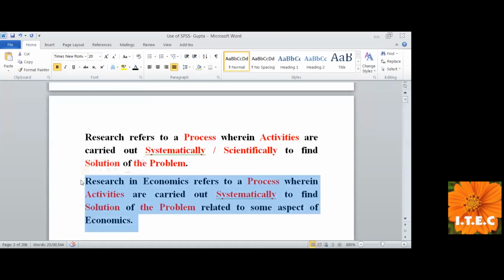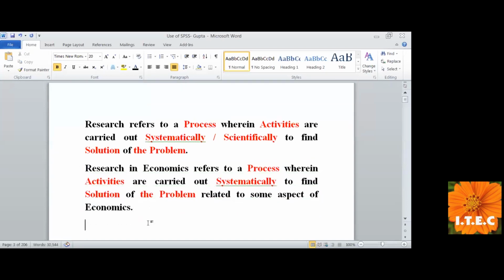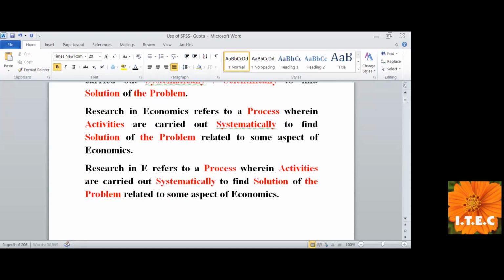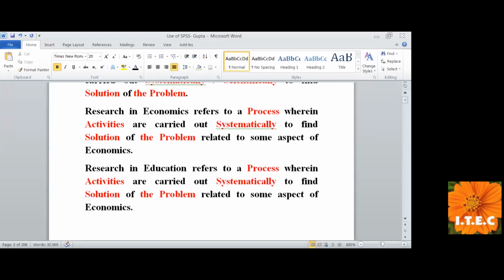Let us define research in education. Research in education refers to a process wherein activities are carried out systematically to find solution of the problem related to some aspect of education. So let us see research in management.